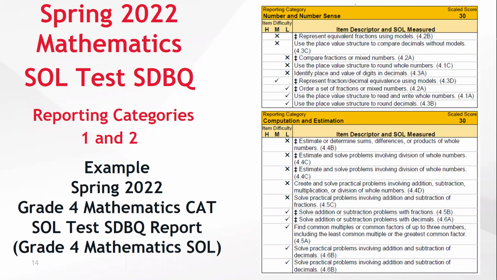Because of this, the SOL test SDBQ report will always provide more information about student achievement on a greater variety of standards than the growth assessment SDBQ report can provide.